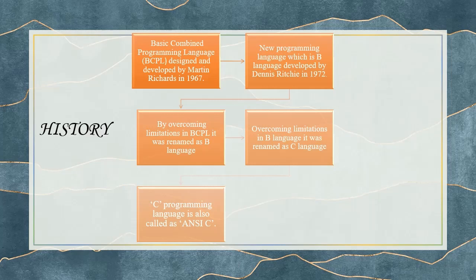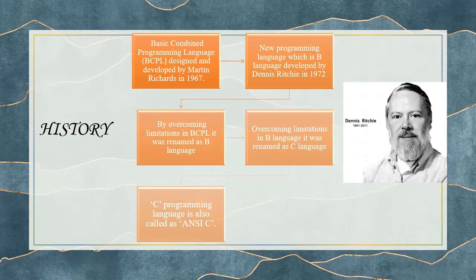By overcoming limitations in BCPL, it was renamed as B language. Later on, to overcome limitations in B language, it was renamed as C language. For now, the C programming language is also called ANSI, which is American National Standards Institute. So this is the picture of Dennis Ritchie.